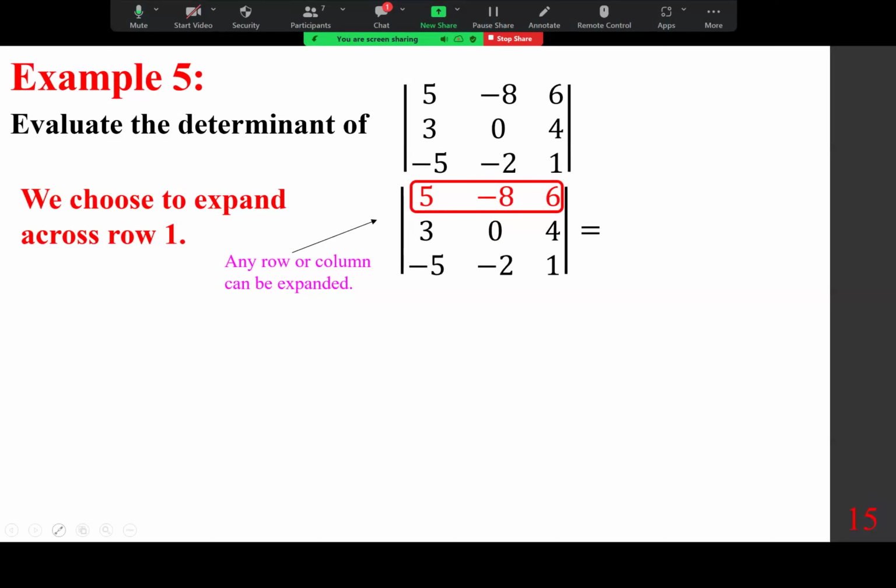So if I cross this out, what do I have? 5, and it starts with positive, times the determinant of this. 5 times the determinant of 0, 4, -2, 1.